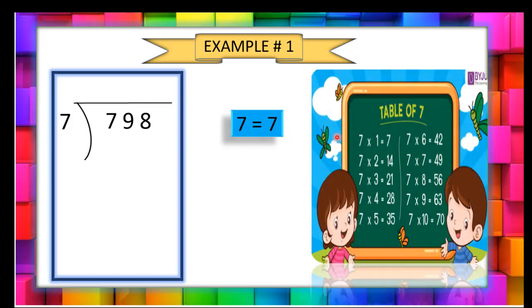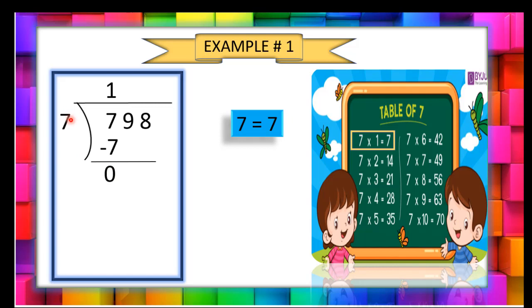In the table of 7 we will find the product which is less than or equal or nearest to 7. As you can see here, 7 multiplies 1 is equal to 7. 7 ones are 7. 7 is the product here, so we will write 1 above 7 and write the product under 7 in the hundreds column, and then we will subtract 7 minus 7 is equal to 0.